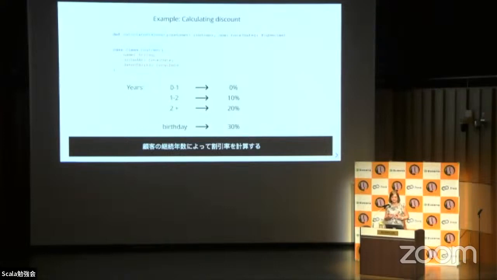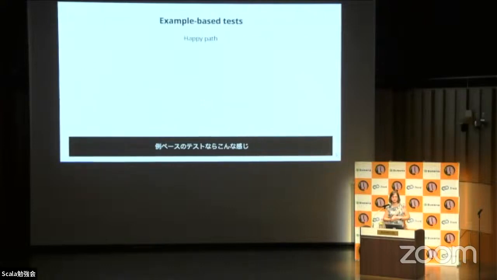So how would we go about testing such a method? If we were to do it traditionally, as opposed to property-based testing, we can call traditional tests example-based tests. What I would normally do is start with a happy path. So I would prepare a test case for the 10% discount: an instance of the customer who joined 1 year ago, invoke my method and verify that the discount is 10% or 0.1.